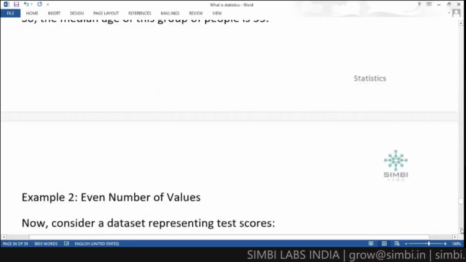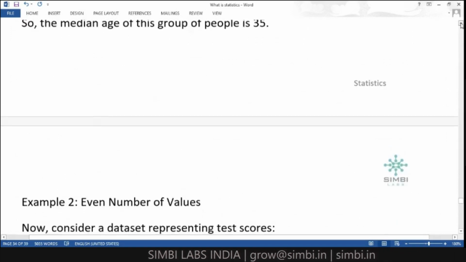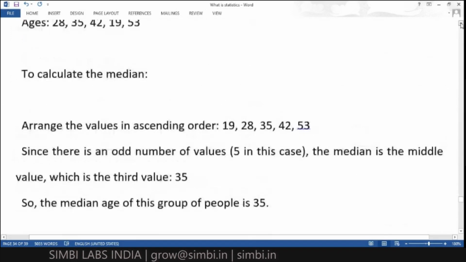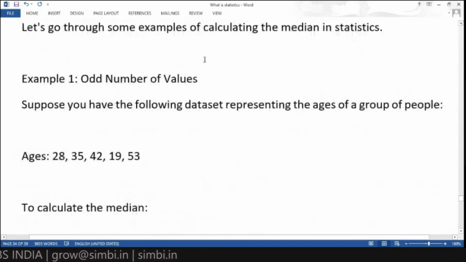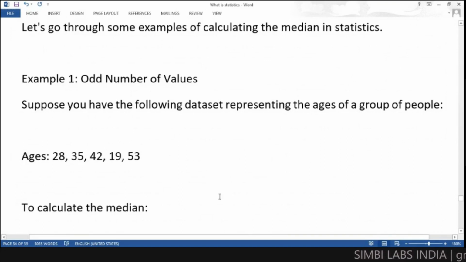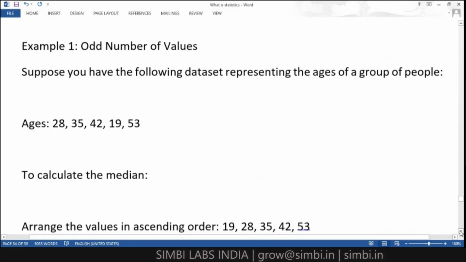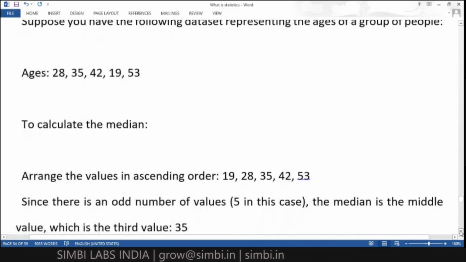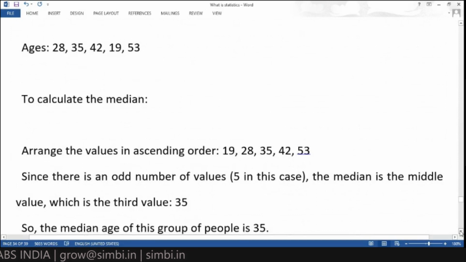For example, you can see how the odd number calculation works. Odd number of values: for example, the ages of a group of people. These are the ages 28, 35, 42, 19 and 53. To calculate the median, we select the middle value.